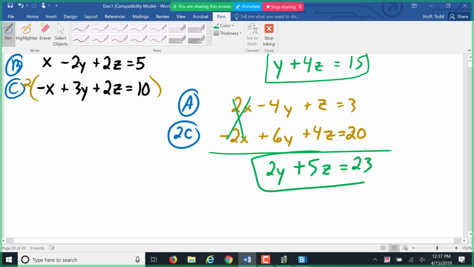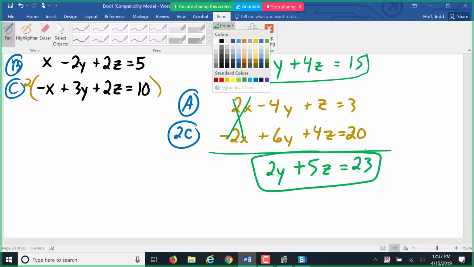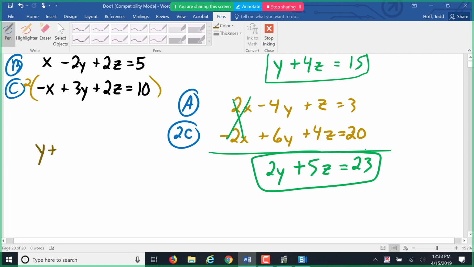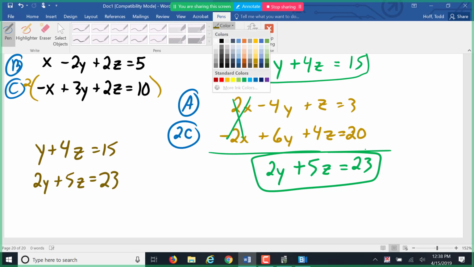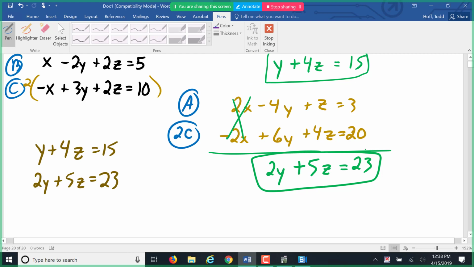Very good. There's our second equation. So now what we have is y plus 4z equals 15, and 2y plus 5z equals 23. And we have that two-variable system that we need to solve.